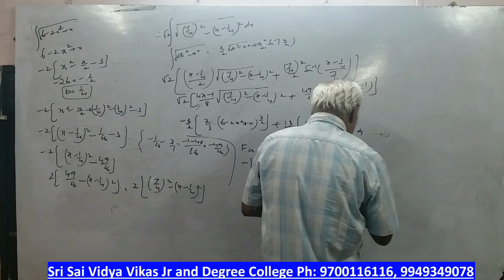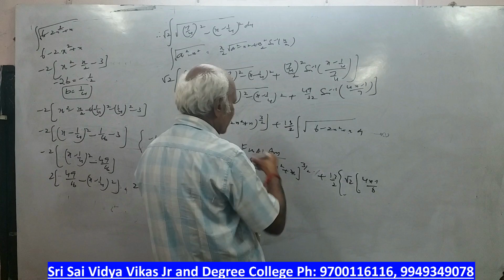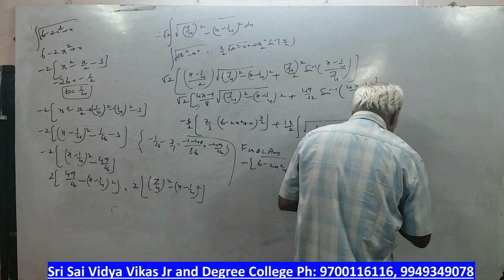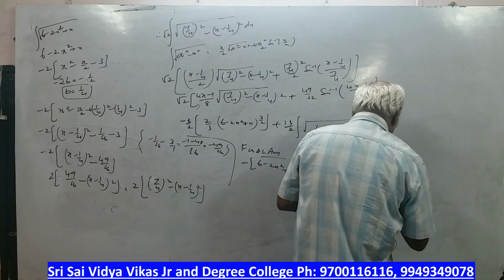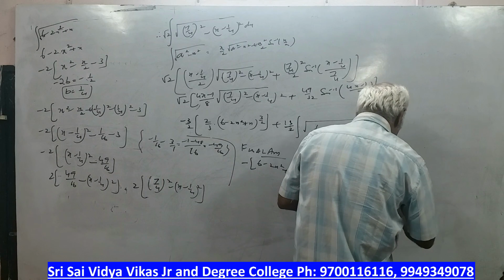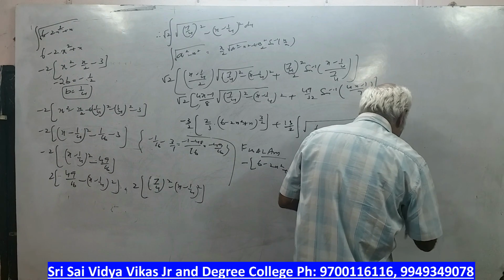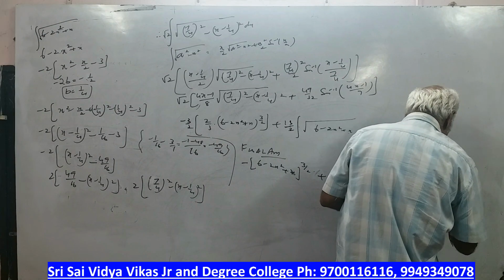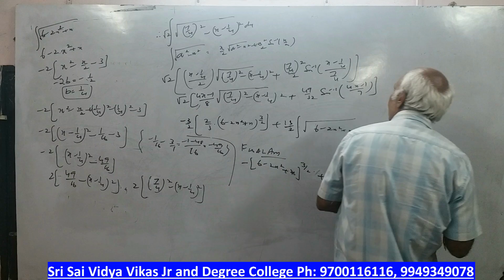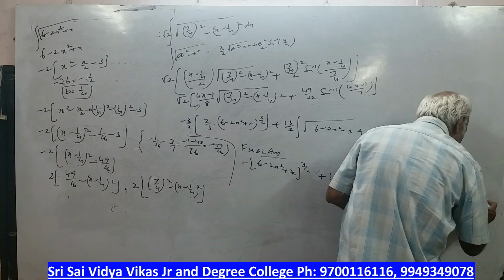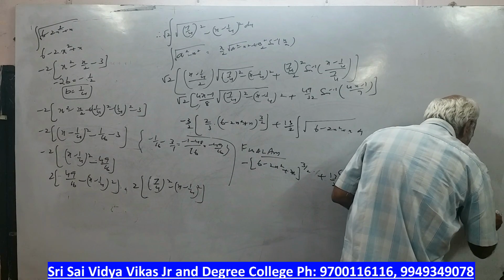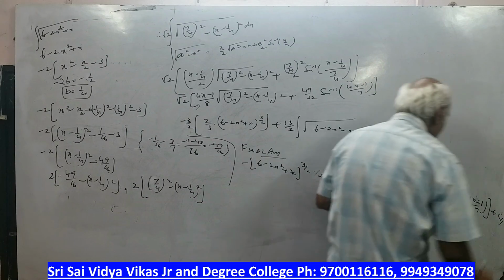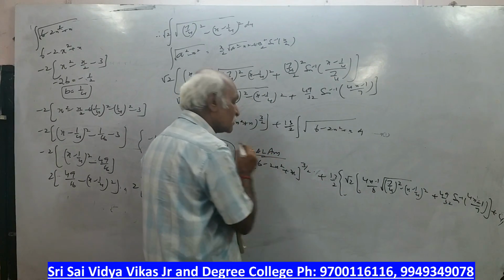I'll put a square bracket. 4x minus 1 by 8 root of 7 by 4 whole square minus x minus 1 by 4 whole square plus 49 by 32 sine inverse 4x minus 1 by 7, close the bracket, plus c. This is the final answer.